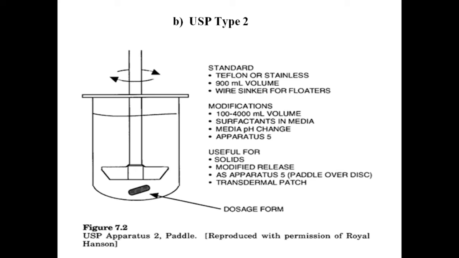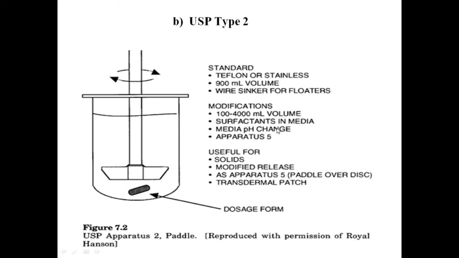The USP does not state whether the paddle can or cannot be immersed prior to the addition of the dosage form, only that the rotation be started after the dosage form has been added. Here, standard Teflon or stainless steel, 900 ml volume, wire sinker for floaters. Modifications: 100 to 4000 ml volume.